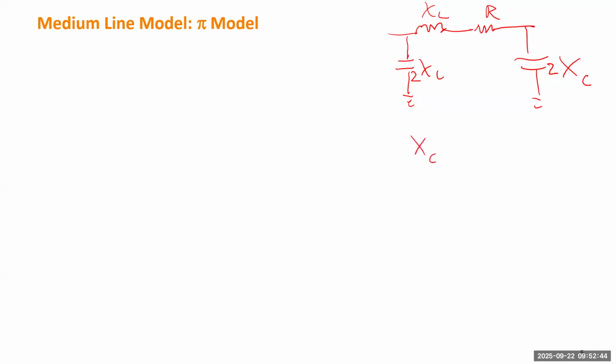Because IC is defined as jωC, double IC means this one, which is equal to jωC divided by 2.